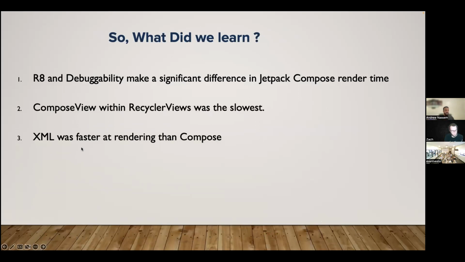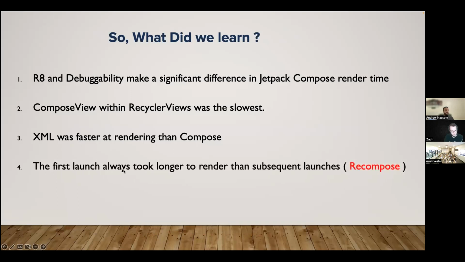XML was faster at rendering than Compose, which is really surprising. I was totally shocked the first time I heard that, because I thought, what is the reason for having Compose if it's slower than XML? But the important thing is that the first launch always takes longer to render than subsequent launches for Compose.